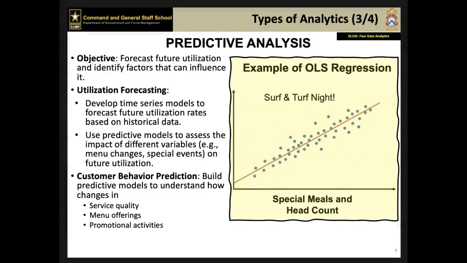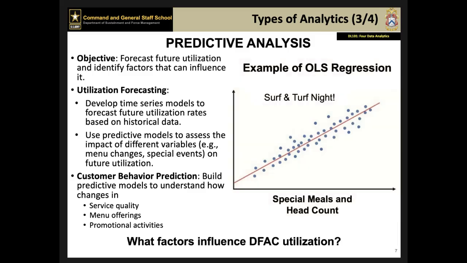In the example, OLS, or ordinary least squares regression, highlights how statistical models can be used to make informed decisions based on historical data. By isolating the factors that directly influence DFAC utilization, we can predict potential outcomes and form courses of action for decision makers.